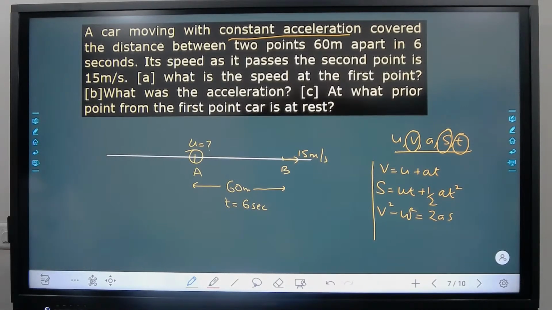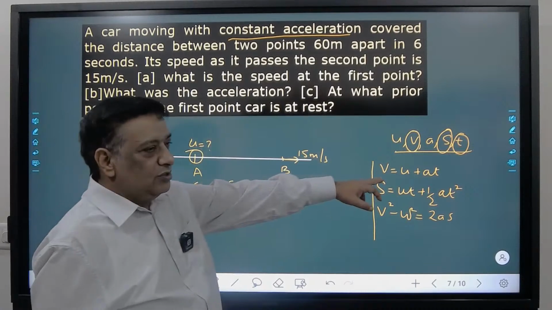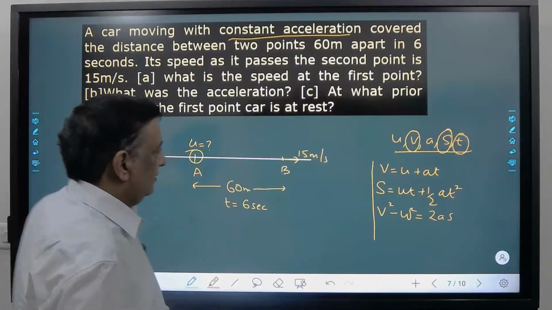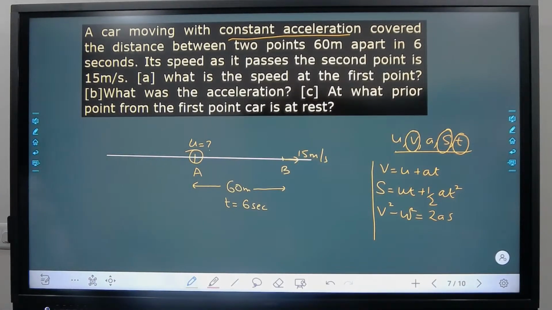So which equation can we use first? Because we don't know 2 variables, first you have to eliminate one variable. Like we are given v is equals to u plus at. That means you can find the value of t from it and substitute in the second.